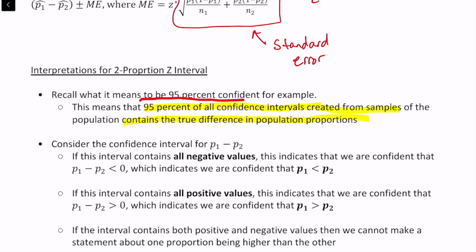We do not know what that value is, but we're saying that this method is basically correct 95% of the time. Remember, each sample is going to generate a different confidence interval.